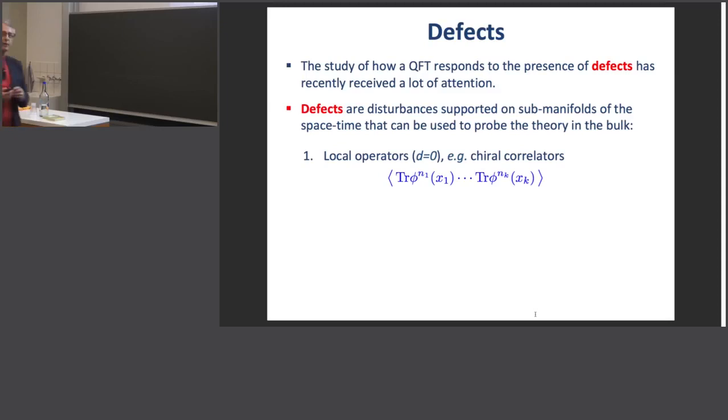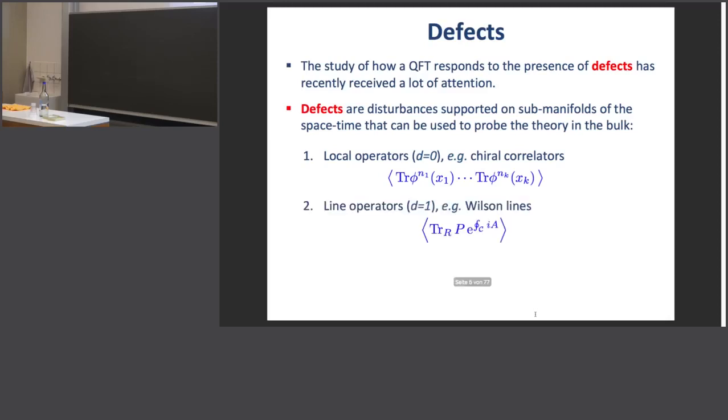Perhaps the simplest example of a defect is that of local operators. This is, after all, a zero-dimensional defect, a local operator localized in a point in space-time. And if we put many of these operators, then we can learn a lot about the theory by studying their correlation functions.